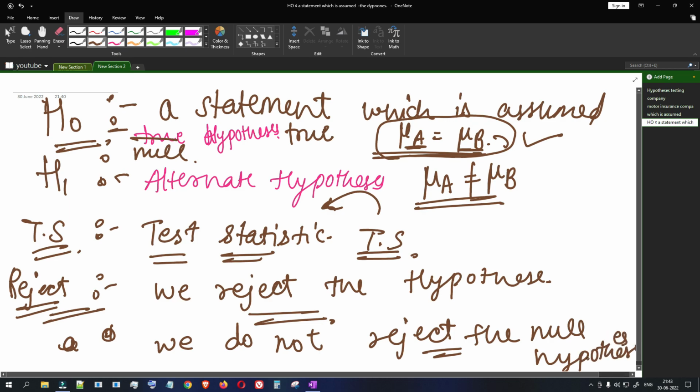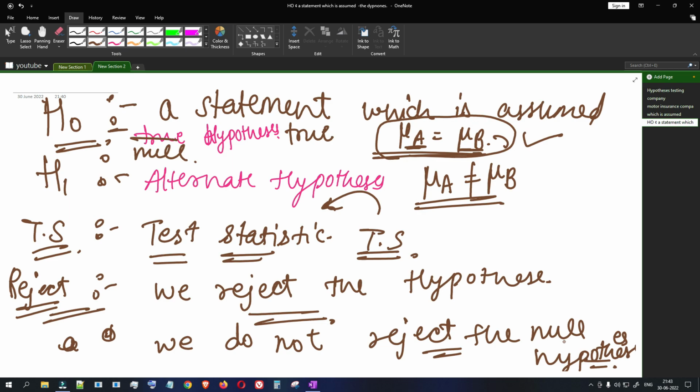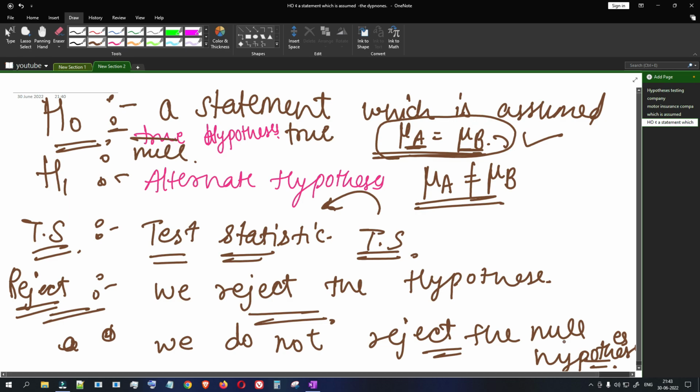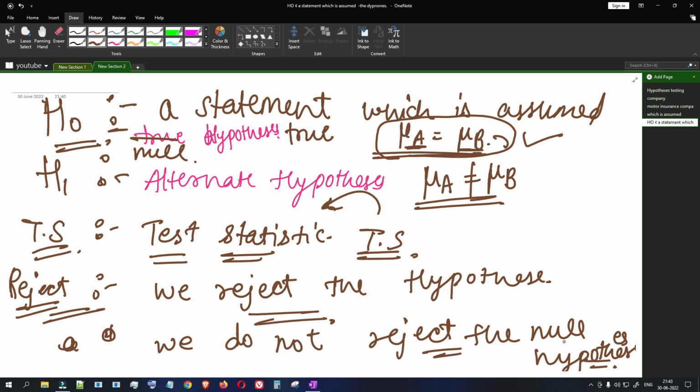You may look at it that way, but that's not completely true, because to accept a particular statement we have more criteria which need to be held. So we cannot directly say that we are accepting it. We would say that we do not reject, but that doesn't mean that we are accepting. So as of now we will write that we do not reject. And what those other criteria are, you would understand in later subjects.